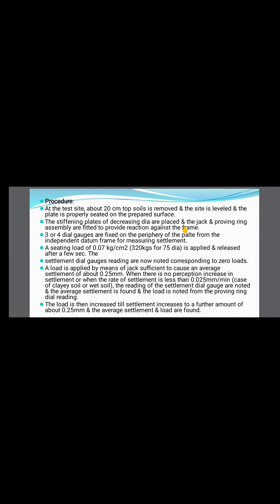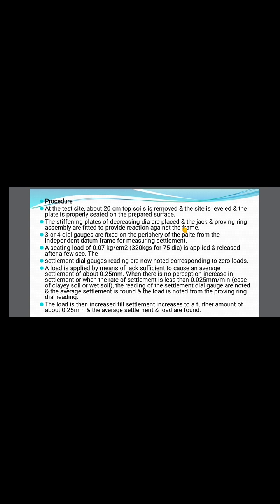When there is no perceptible increase in the settlement, or when the rate of settlement is less than 0.025 mm per minute in the case of clay soil and wet soil, the readings of the settlement dial gauges are noted, the average settlement is found, and the load is noted from the proving ring dial reading.